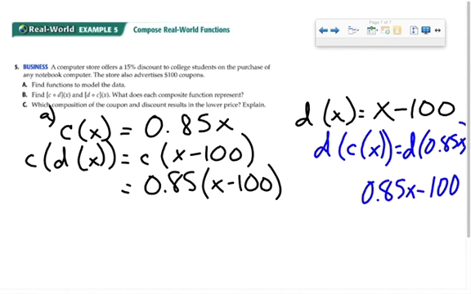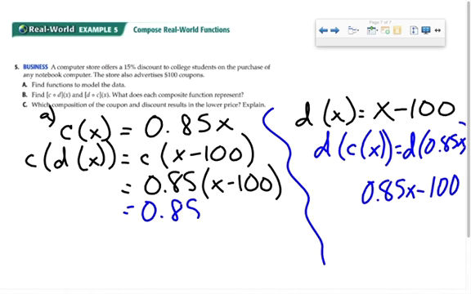Because certainly, somewhere along the line, I'm going to be saving money by doing it one way compared to another. And so that's what they're asking us in part C, is to figure out which composition results in a lower price. Well, in the D of C of x, that's as simplified as it gets, but I didn't actually simplify the C of D of x, so let's go ahead and do that now.